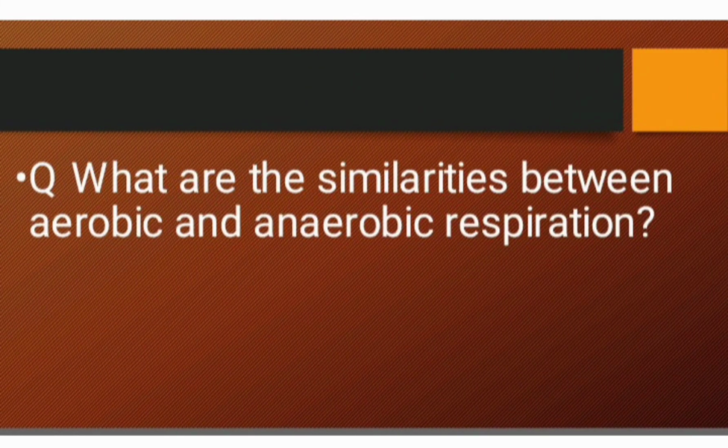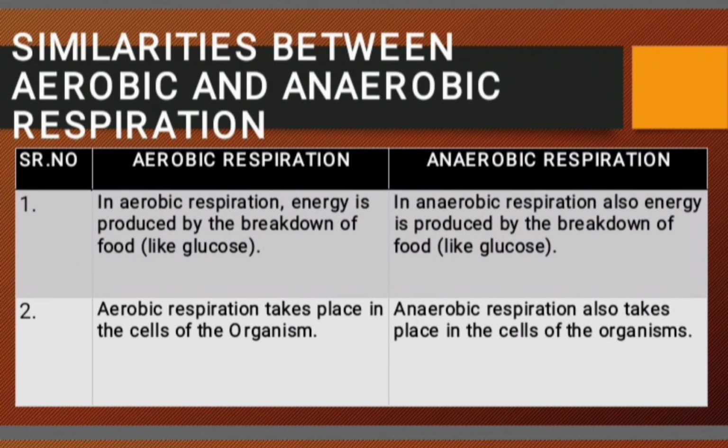Next, we can jot down a few of the similarities between aerobic and anaerobic respiration. Then we will discuss the differences between them. So what are the similarities? The first one is, in aerobic respiration, energy is produced by the breakdown of food like glucose, and in anaerobic respiration also, energy is produced by the breakdown of food like glucose.